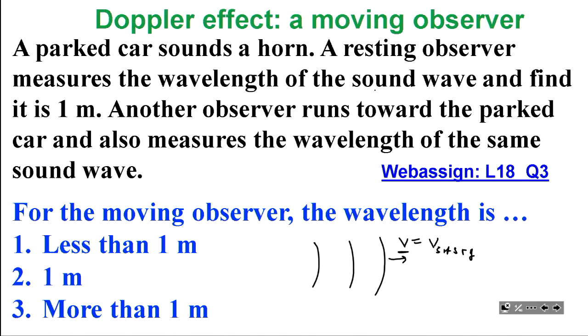That's why we just use this letter, but we mean speed of the sound relative to the ground. However, when the observer runs, this variable represents the speed of the observer relative to the ground. But again, we would never write out the whole speed of the observer relative to the ground. We have to remember that.